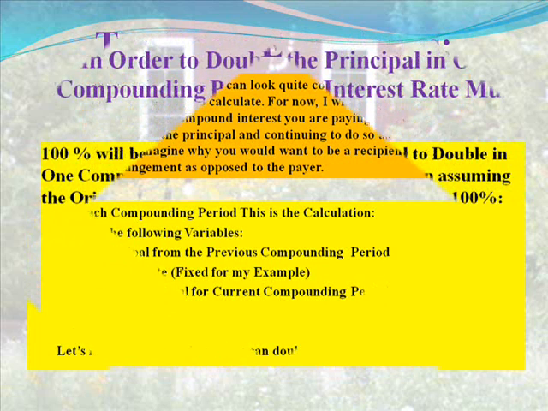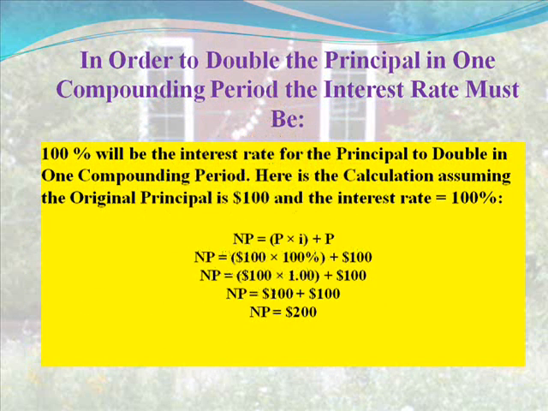Let's look at how fast the money can double. In order to double the principal in one compounding period, the interest rate must be 100%. That is, 100% will be the interest rate for the principal to double in one compounding period. Here's the calculation assuming the original principal is $100 and the interest rate equals 100%.